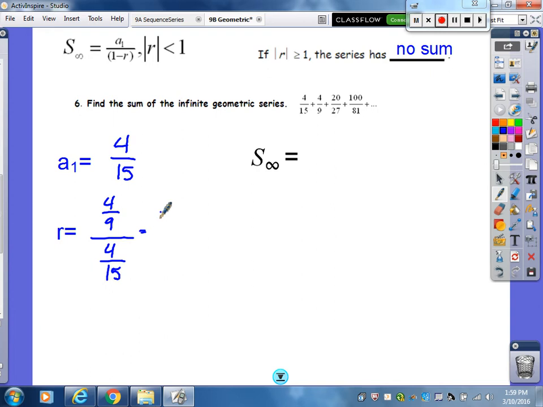All right, flip and multiply, 4/9 times 15/4, which gives me 15/9. We can reduce it if you want to, so 5/3. All right, absolute value of 5/3 is still 5/3, but notice this is greater than 1. So this means the sum does not exist.